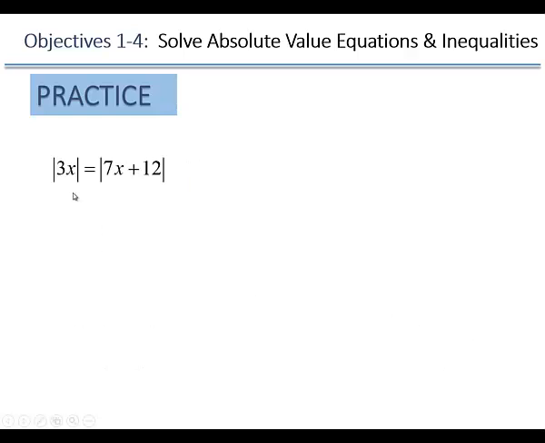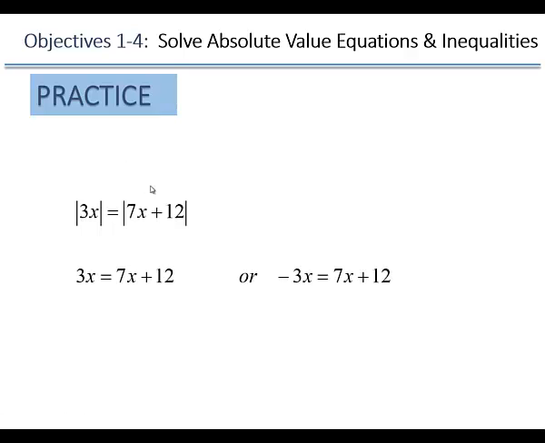The third example I had to review with you was an absolute value equation where we had absolute value signs on each side. Here again, the key is to really just recognize the 2 relevant scenarios. One case is that the 2 arguments, 3x and 7x plus 12, were the same to begin with, and the absolute value signs really don't change that.